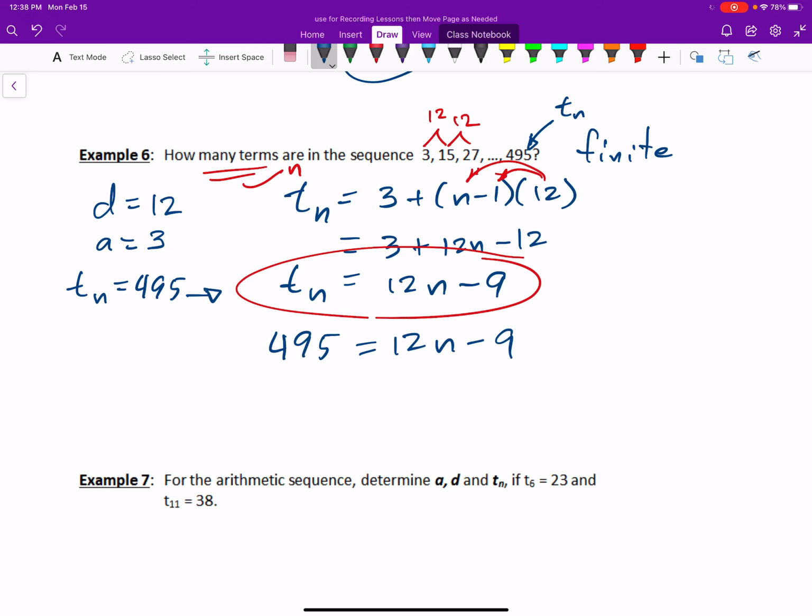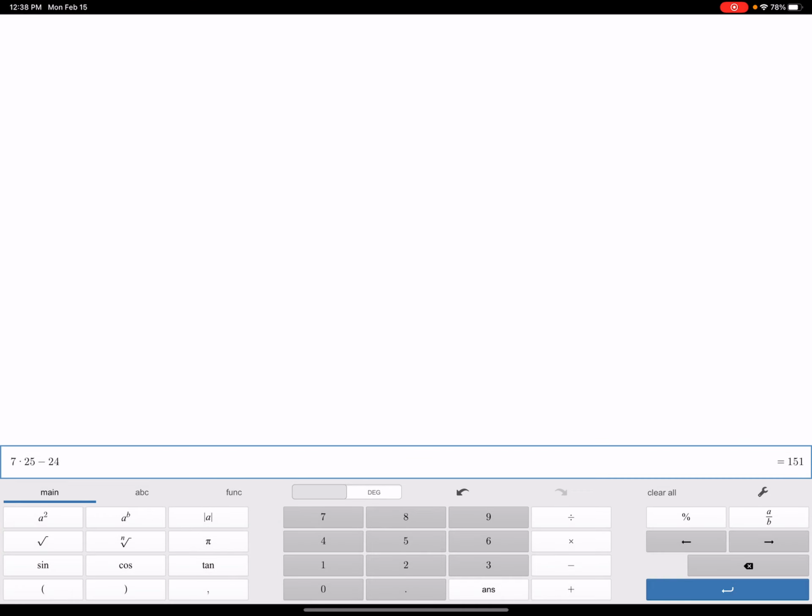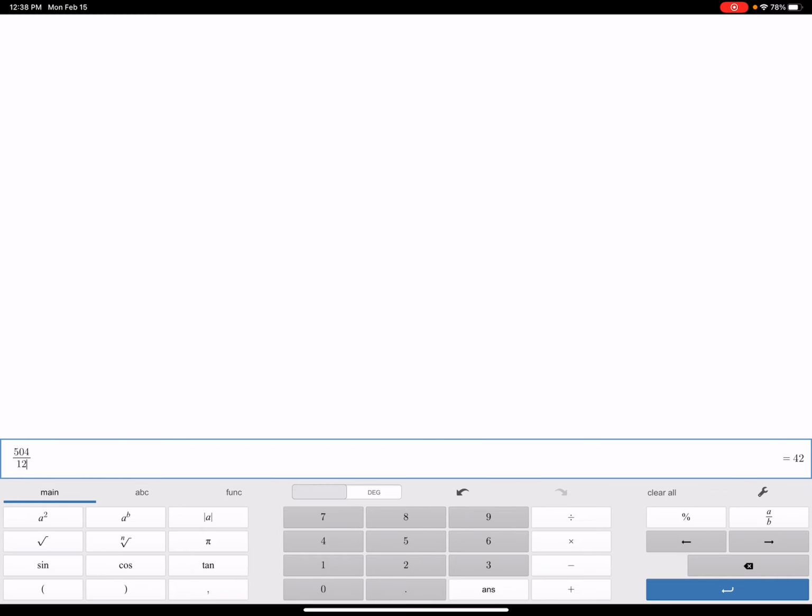just by rearranging. I'll add 9 to both sides. That will give me 504. And then I'll divide each side by 12. And whatever I get for 504 divided by 12 is going to be equal to n. 42.